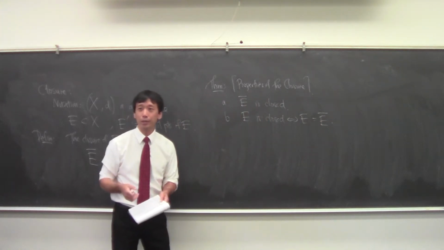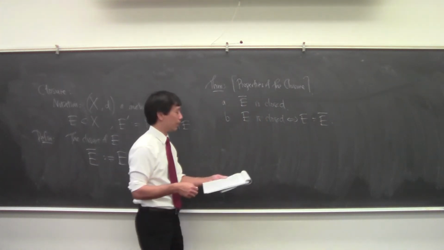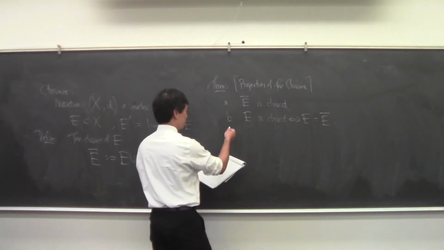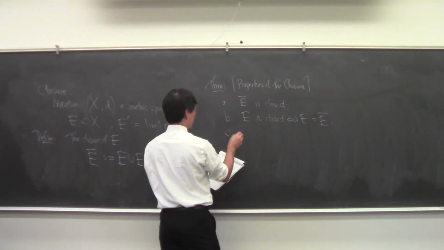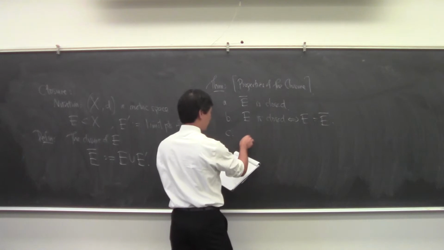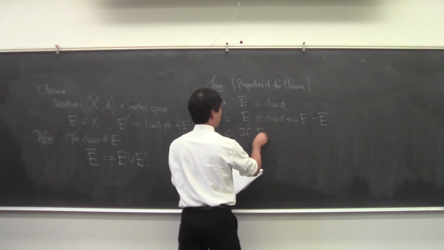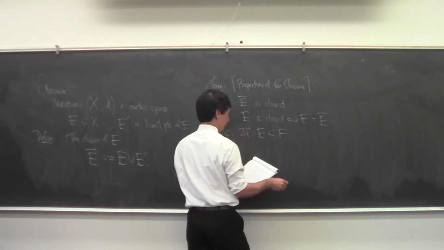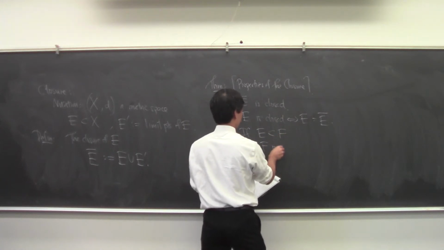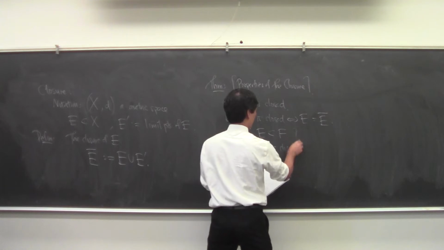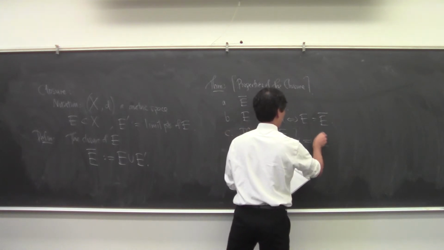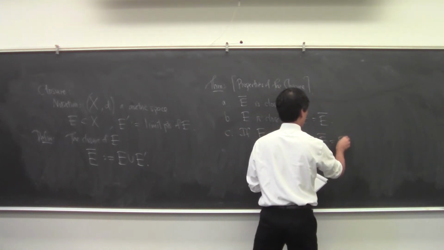So if you take the closure and the set doesn't change, that means that the set was closed to begin with. And if E is contained in F and F is closed, then the closure of E is contained in F.